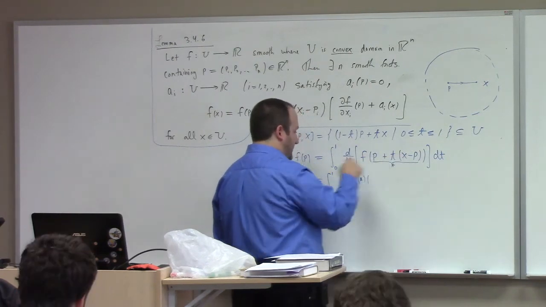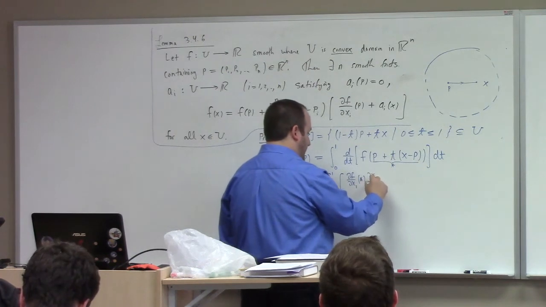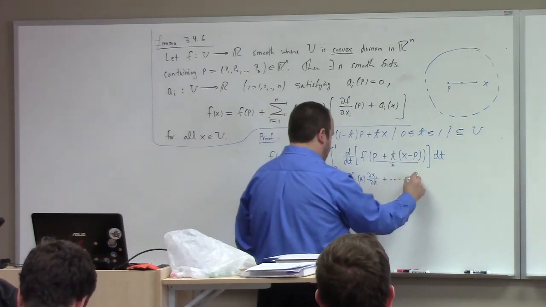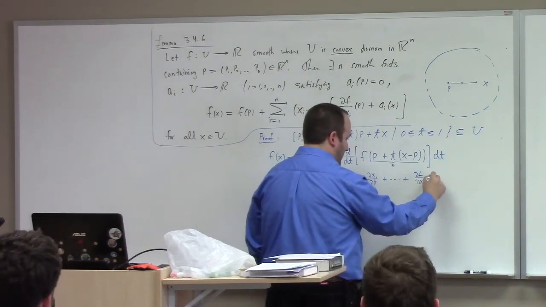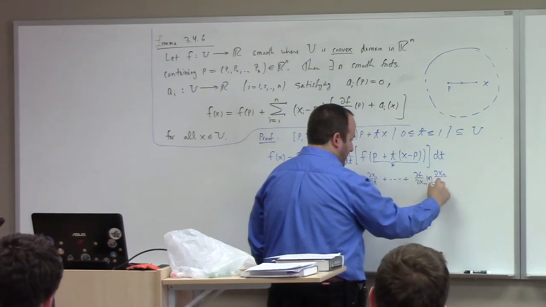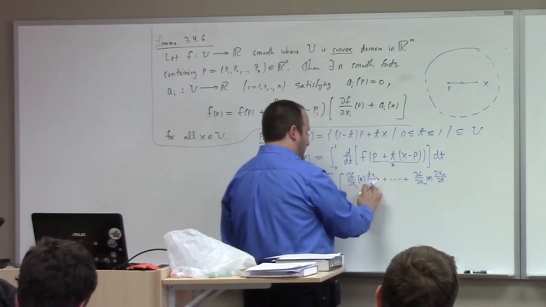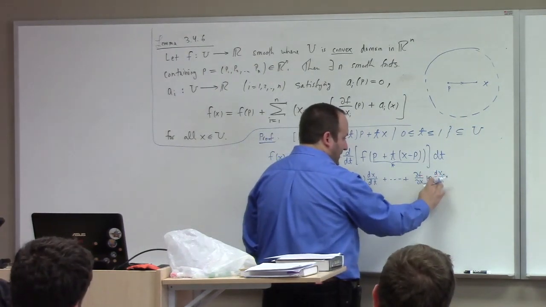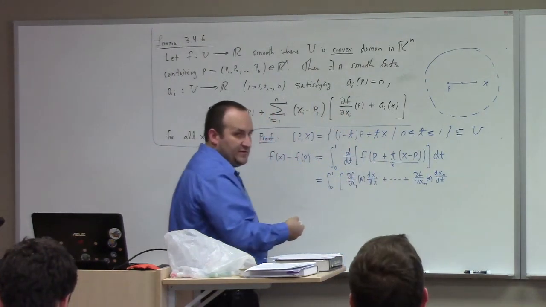If you differentiate this, let me just write it this way for just a second: dx1/dt, plus and so on, plus partial f, partial xn at star, times dxn/dt. And these shouldn't be partials. These are total derivatives. Sorry, this is just the chain rule.